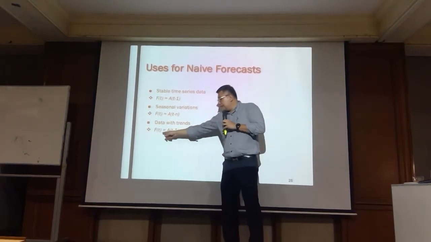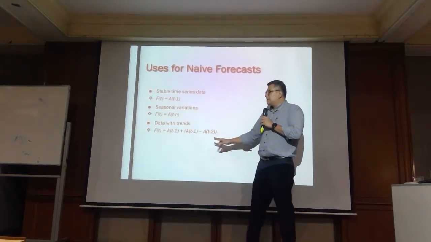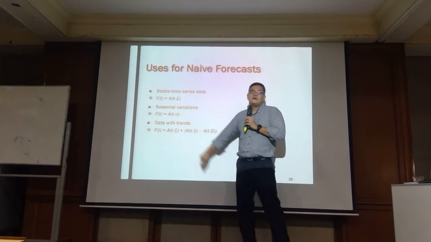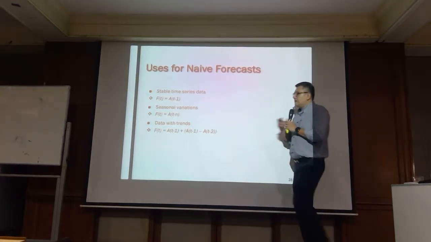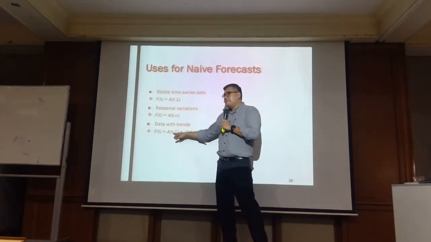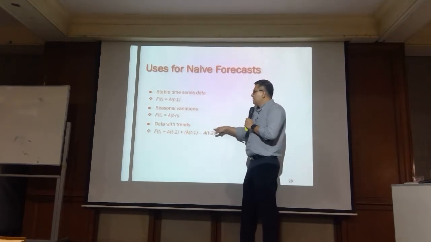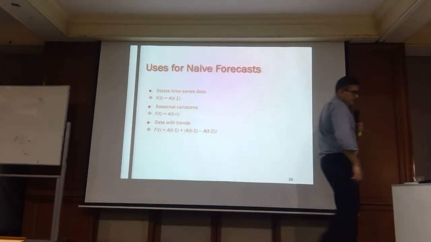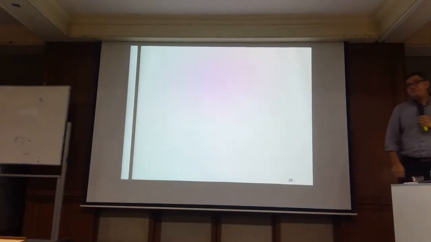But for the trend, just the example that I showed you, maybe you just consider the trend from two consecutive previous periods, right? So use the actual value from time T minus 1 plus the trend that usually occurs. So this is naive, very simple, very easy, right?